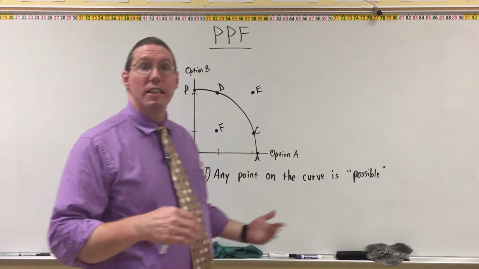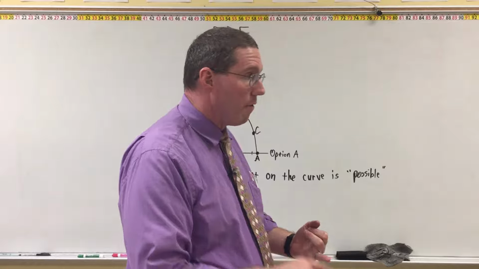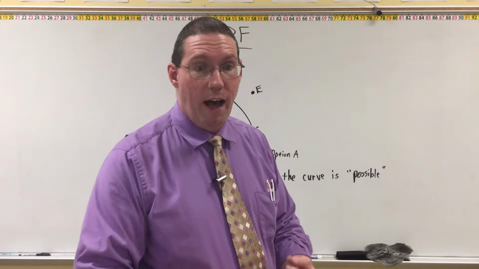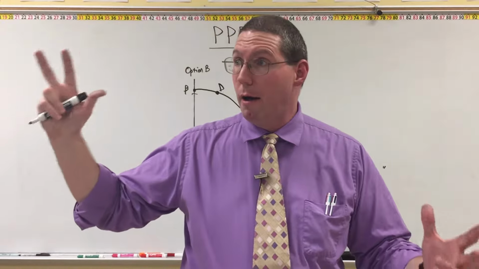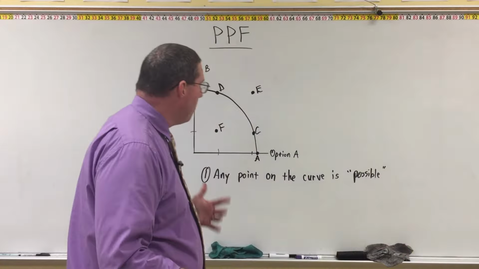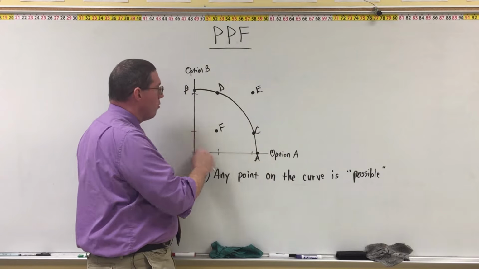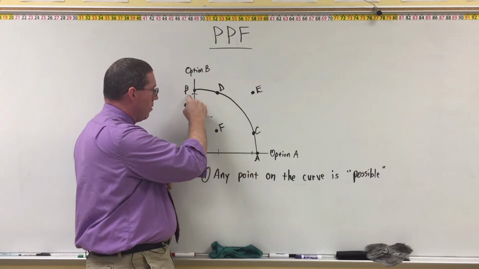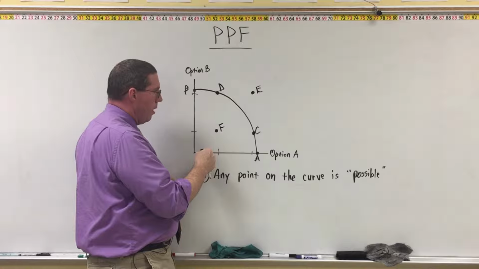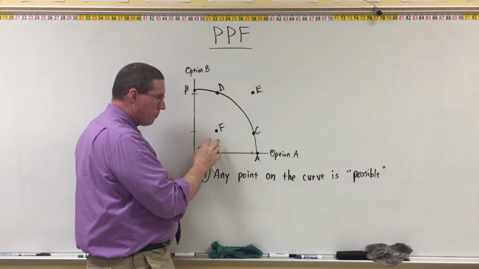And they have a limit on how much they can produce because they only have so many engines, so much metal, so many tires, so many manufacturing facilities. So they have to decide, are we going to build more cars than trucks, or more trucks than cars, or maybe a little bit of each?